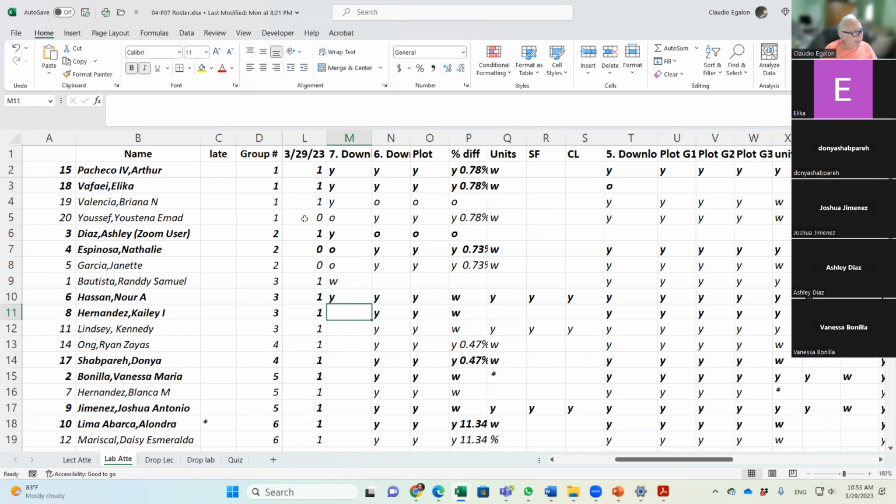So let's go for Kaylee. Are you there, Kaylee? Okay, good. Did you download the spreadsheet? I'm asking if you're downloading the new spreadsheet, right? Yeah, here you go. Kennedy, did you download the spreadsheet? I'm restarting my browser because I'm having trouble even opening the option to download.